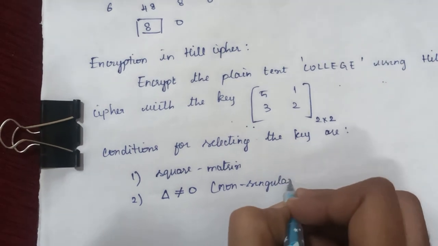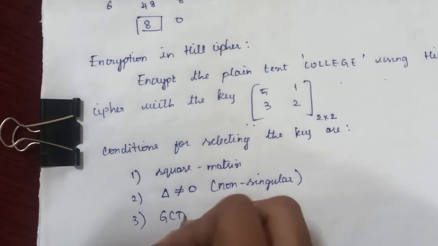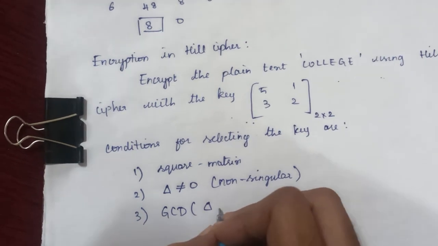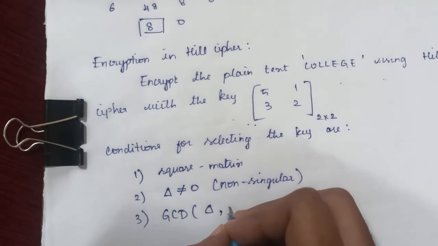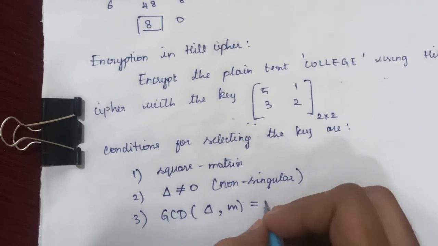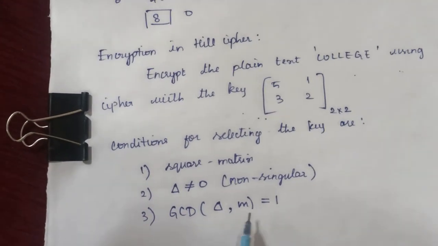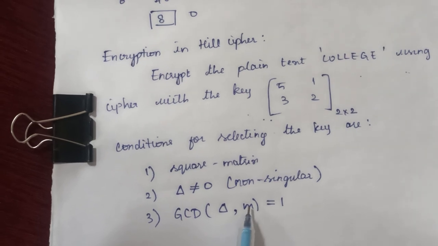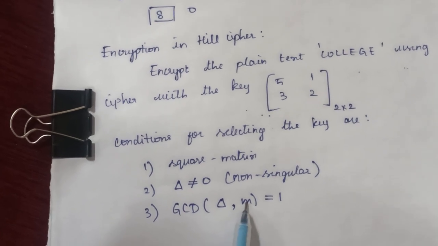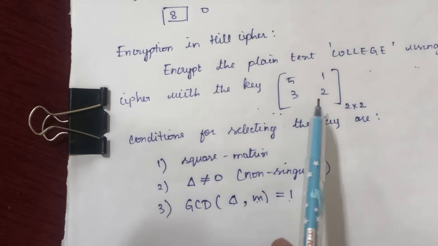The matrix should be non-singular. The third one is the GCD of the determinant of the matrix and the mod value m should be equal to 1. So these are all the possible cases. I have already told you that the mod value m in English is 26. So these are all the possible conditions for selecting the key matrix.